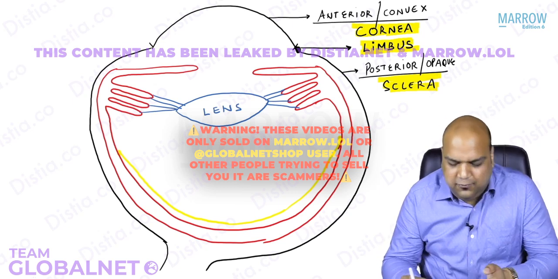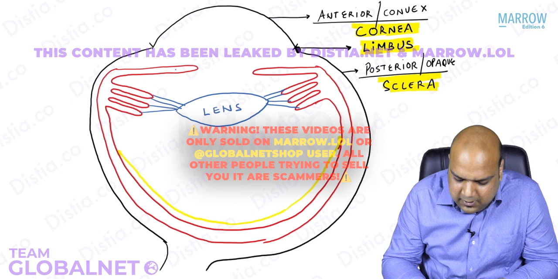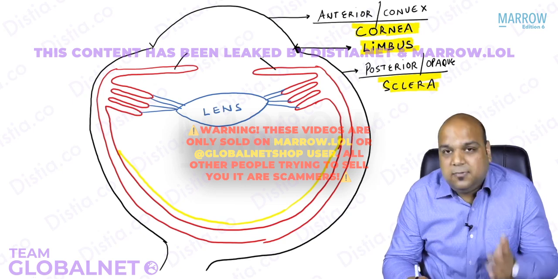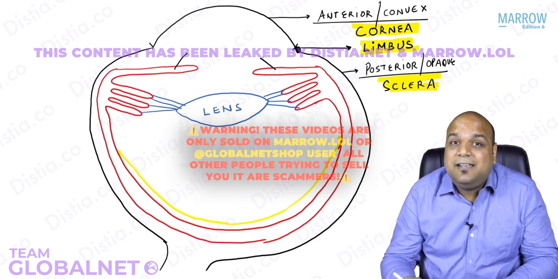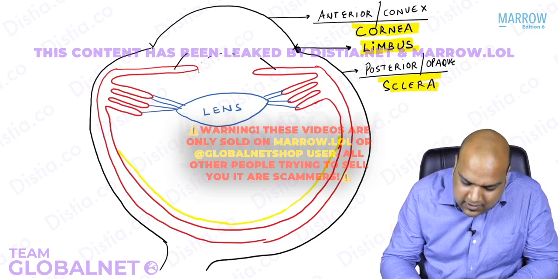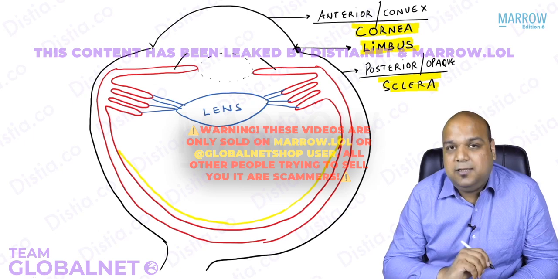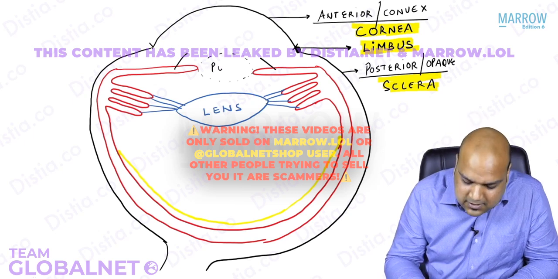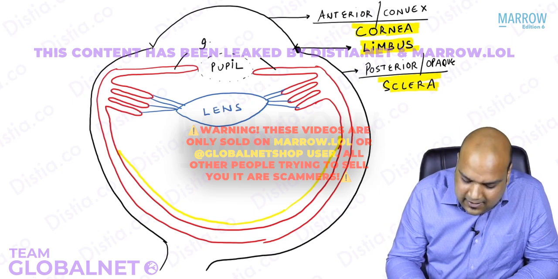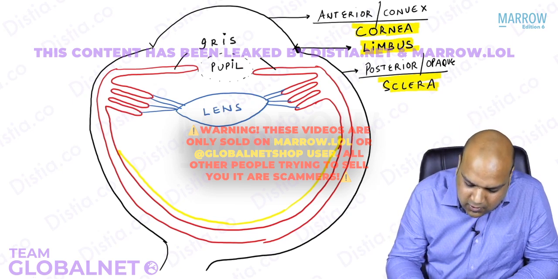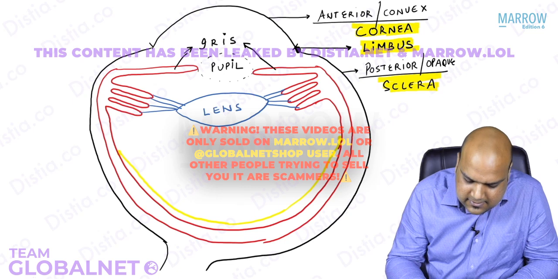Okay. Now, if we remove the cornea, we are able to see the middle layer. The anterior portion of the middle layer, with a hole or an aperture in the center. The aperture was called the pupil. And the part of the middle layer was called the iris.